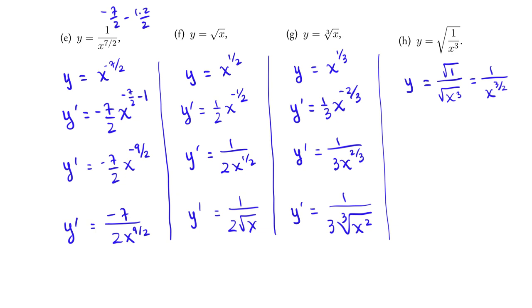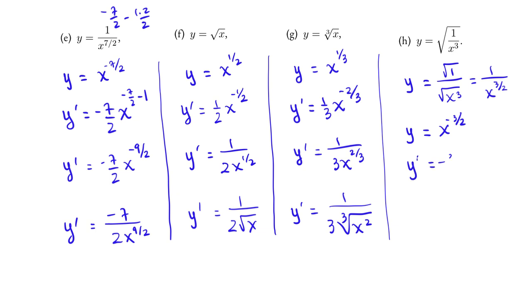But this is not quite in the power form yet. We still need to rewrite this. This is not the derivative, but y still. Y equals x to the negative 3 over 2, because this fractional power is positive in the denominator, so we bring it to the numerator and make the power negative. Now that it is in power form, we can use the power rule.